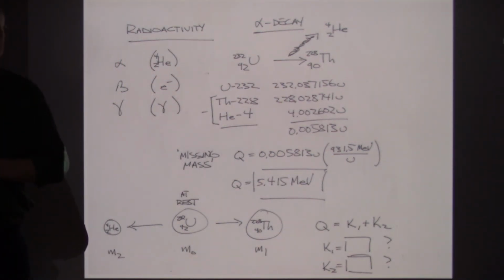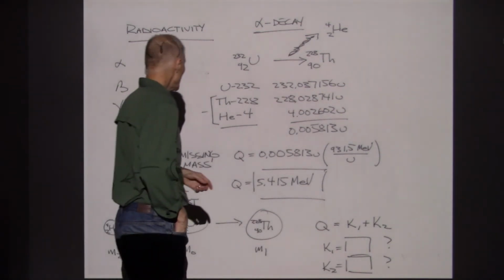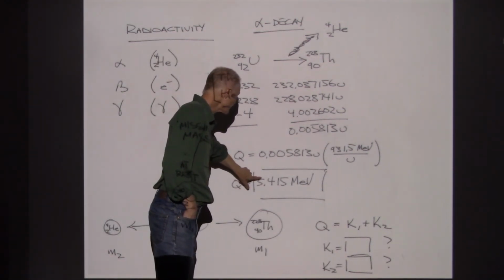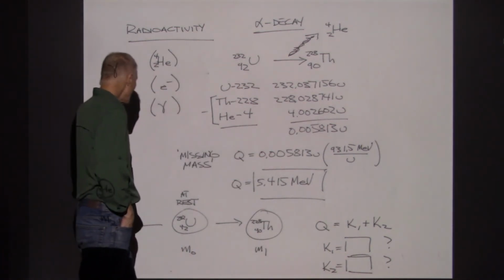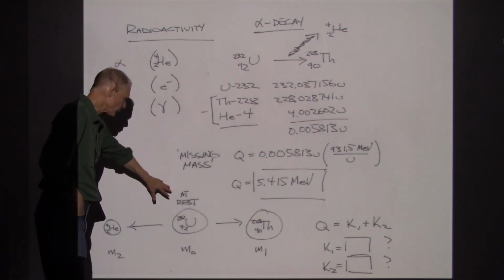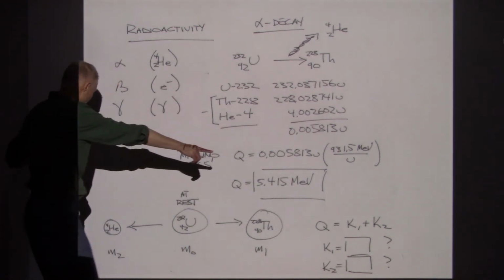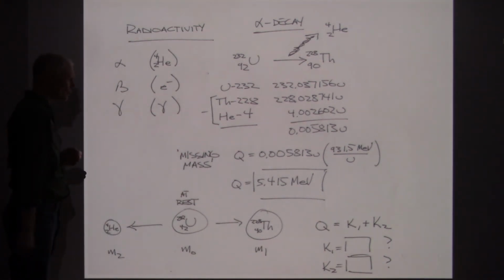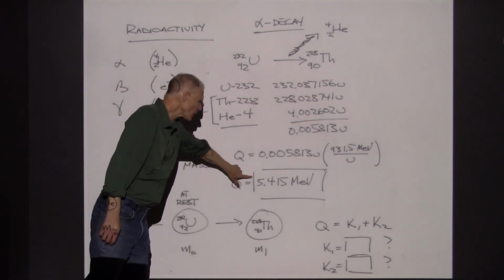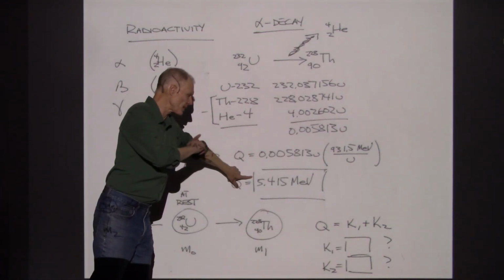Every atomic mass unit of mass is going to provide 931.5 MeV of energy. So the total energy release is 5.415 MeV. Now, if the uranium starts off at rest, then the thorium and the helium are going to go in opposite directions. This isn't going to go entirely to one or the other.